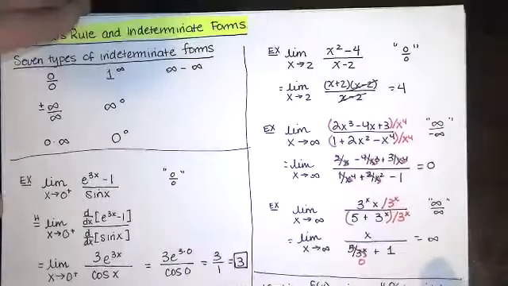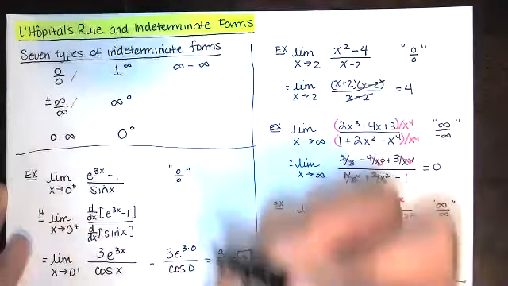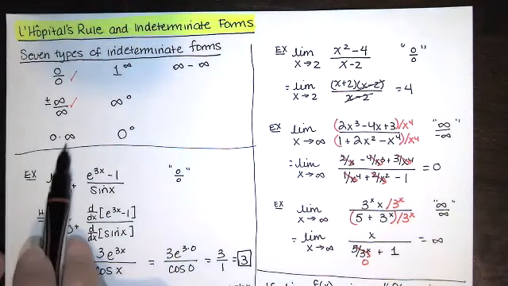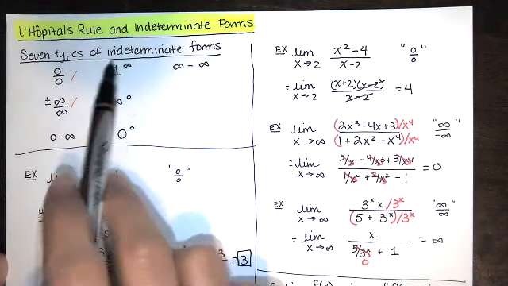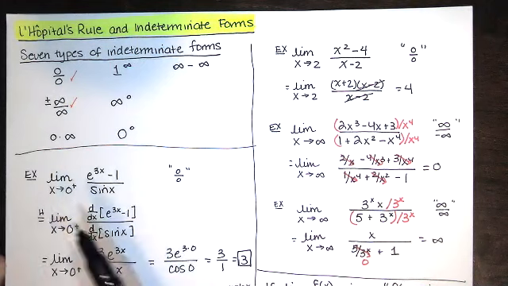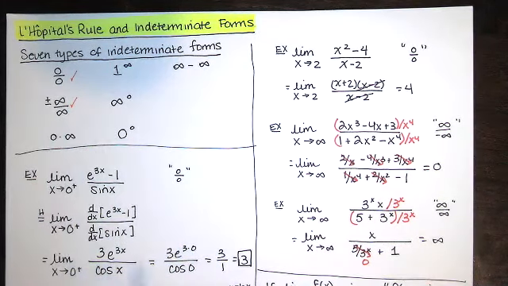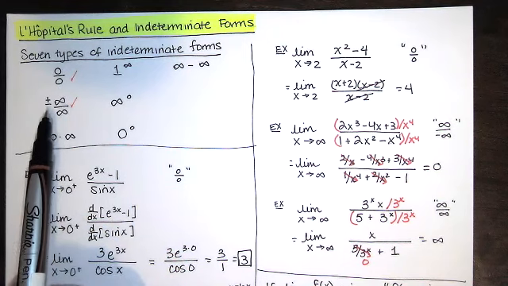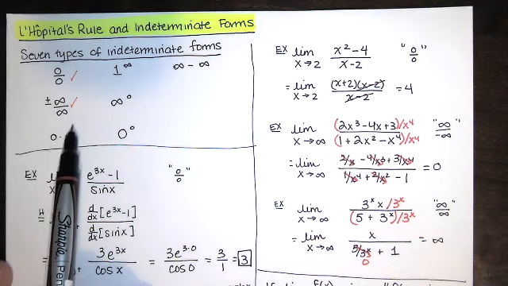Okay, so we've looked at these two types of indeterminate forms and evaluated some limits that look like that. We're going to do these types of indeterminate forms next, and I think I'll probably do the last 4 indeterminate forms in another video. Now, L'Hôpital's rule only applies in the case that you have a 0 over 0 indeterminate form, or an infinity over infinity, or plus or minus infinity over infinity indeterminate form.